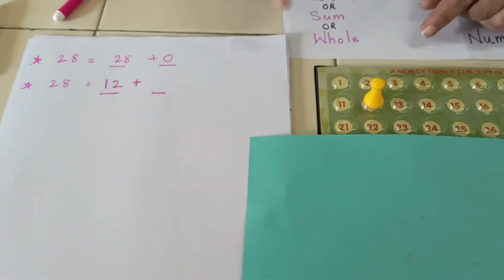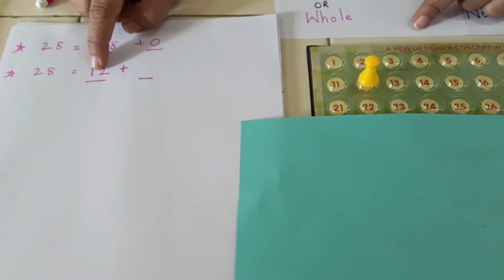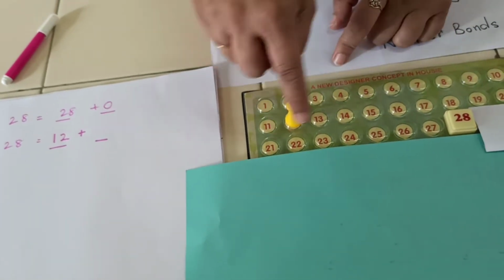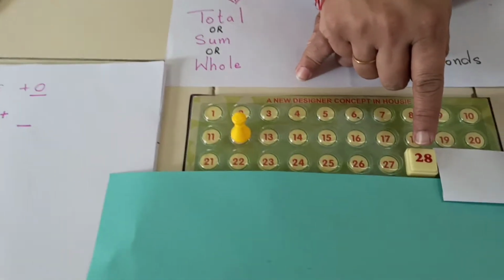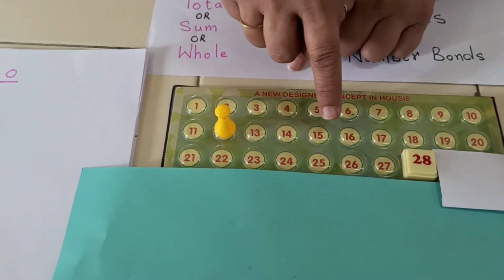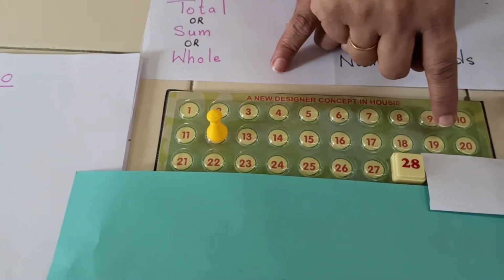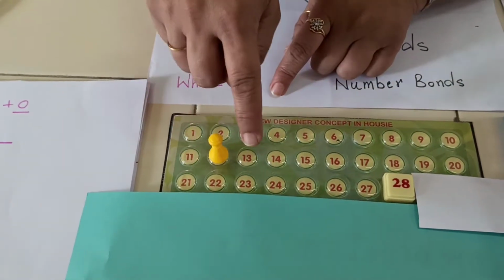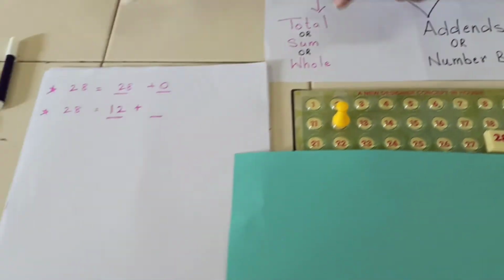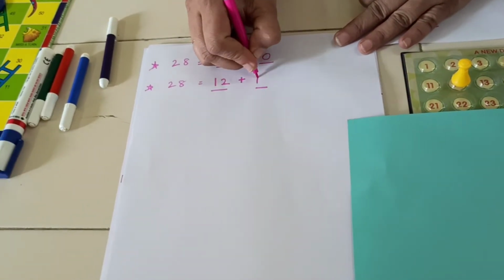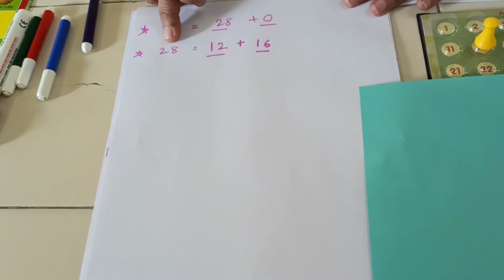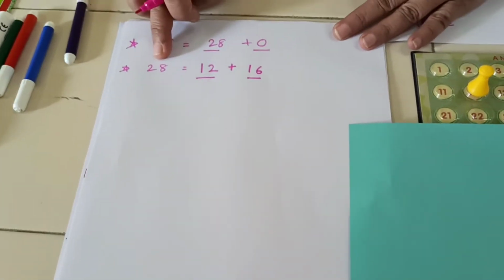To find the next addend, I'm going to move forward and reach till 28, and count how many steps I'm moving. 1, 2, 3, 4, 5, 6, 7, 8, 9, 10, 11, 12, 13, 14, 15, 16. That means my second addend is 16. 12 plus 16 is equal to 28.